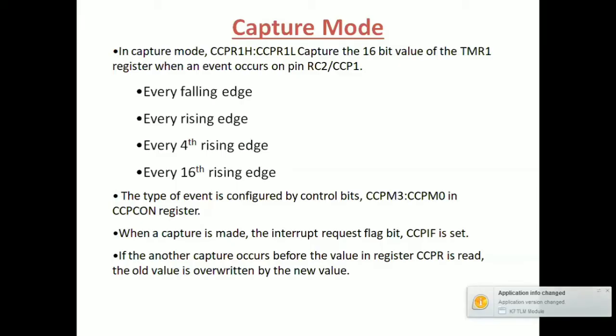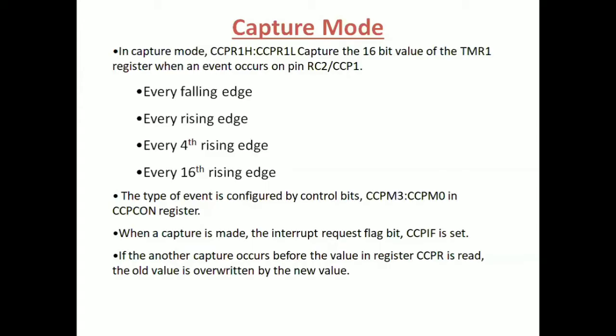When a capture is made, the interrupt request flag, the CCPIF flag, is set to indicate to the microcontroller CPU that a value from the timer has been captured. If an interrupt is enabled for this CCP module, it will cause an interrupt to the microcontroller. If another capture occurs before the value in the CCP register is read, the old value is overwritten by the new value.